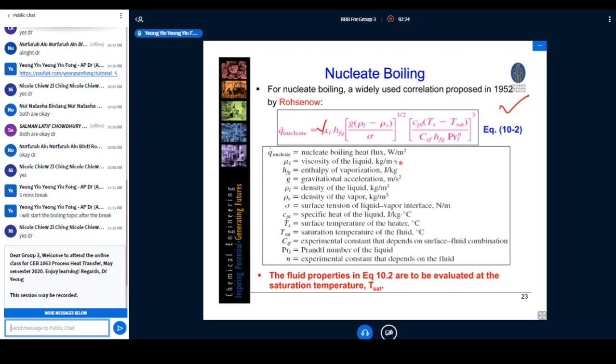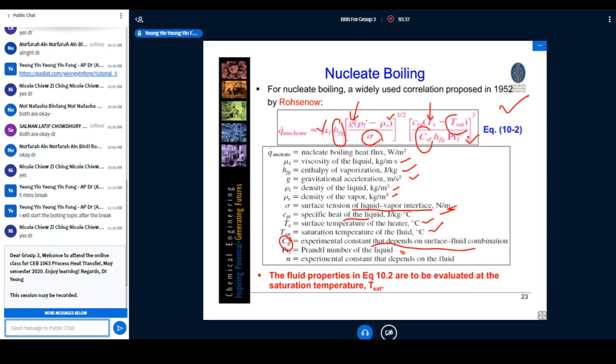C_pL is the specific heat of the liquid. Ts is the surface temperature of the heater. T saturation is the saturation temperature of the fluid. Here we have a new constant, which we call an experimental constant, depending on the surface-liquid combination. So this one is new. The Prandtl number of the liquid is not new to you all.